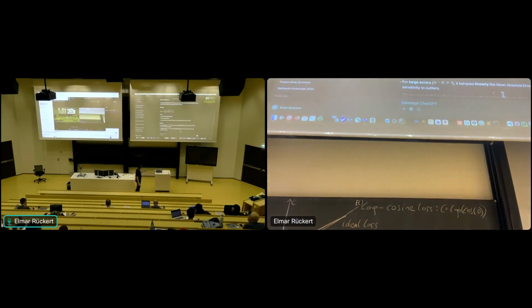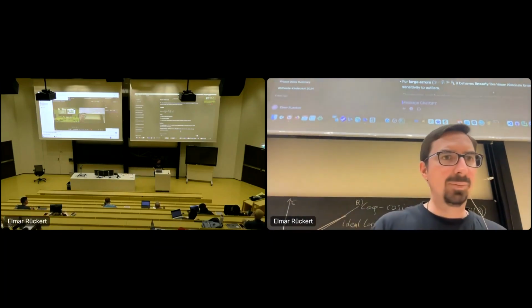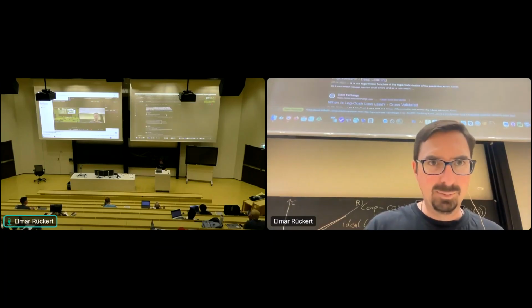And if you compare it to what I wrote down, it's exactly the same equation. The only thing is that the distance is squared. And there might be different pseudo-Huber loss variants. Good point. All right, good that we clarified that.